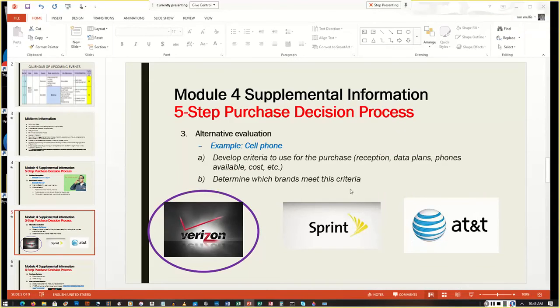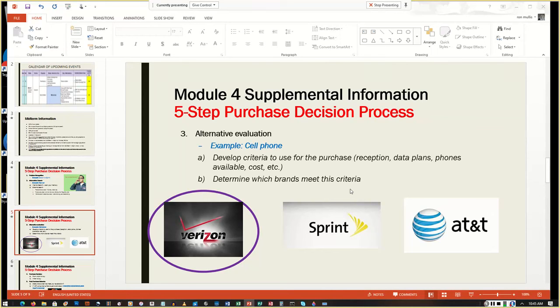So after you get through the information search stage, you move on to the third stage, which is starting to evaluate the alternatives. During this stage, it's time for the consumer to evaluate the different options that they've gathered through their information search.